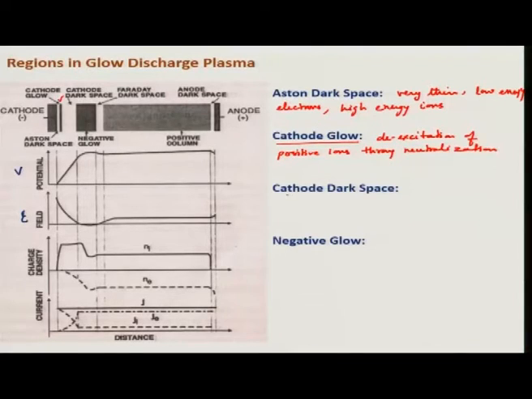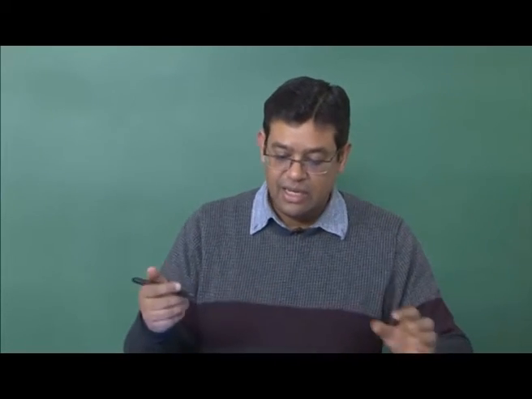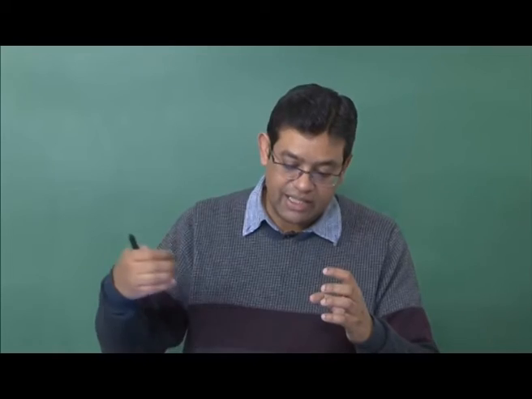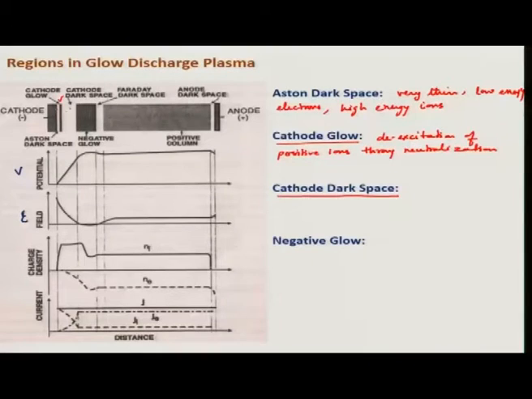And after that exists the cathode dark space, which is the most important region of a plasma, because the entire voltage that we apply across these plates exists in this cathode dark space, okay. So in this region, electrons are starting to gain energy by acceleration, and also there are fewer ions here, because as they are coming close to the cathode, they are going to impact the cathode, okay. So ions do not hang around in this region, okay.